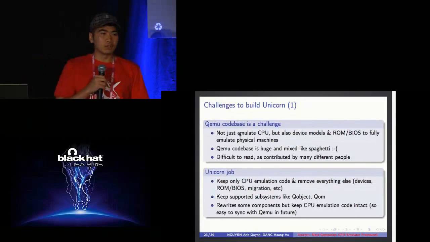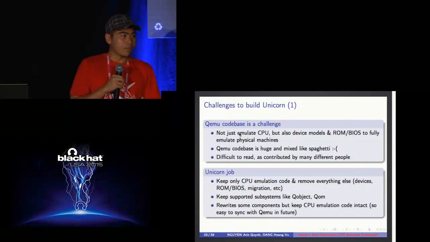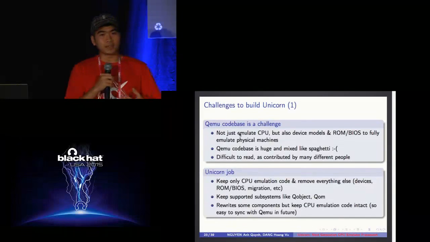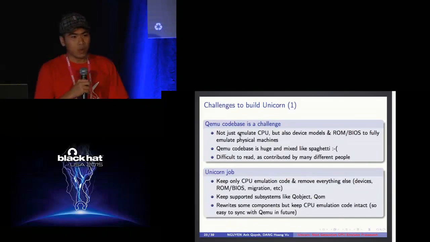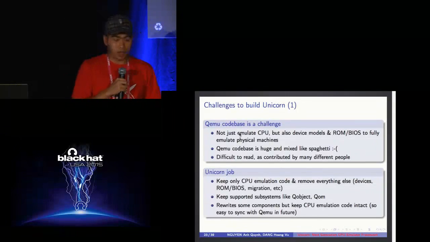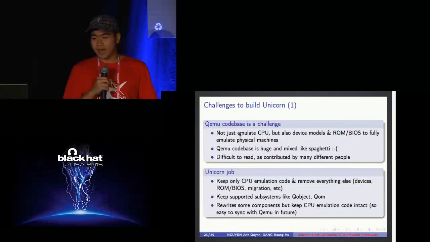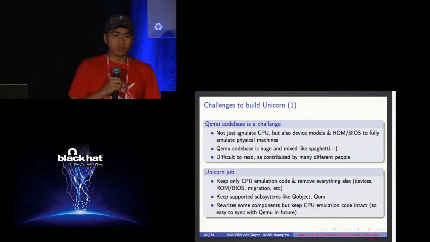Because we want to update to the upstream, which is QEMU code, whenever it releases new versions, or whenever there's a bug in QEMU, we want to fix it in our code as well. And on the other hand, any bugs that we found in our library, we can report upstream and help them fix.